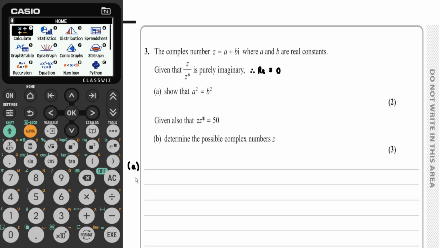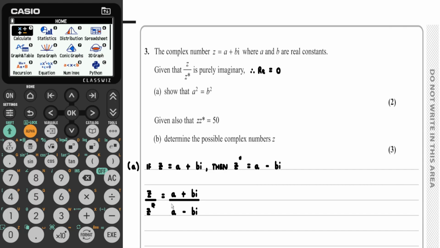Now, we've got z which is equal to a plus bi. Z star, the complex conjugate, will equal a subtract bi. So z over z star will be given by a plus bi over a subtract bi.